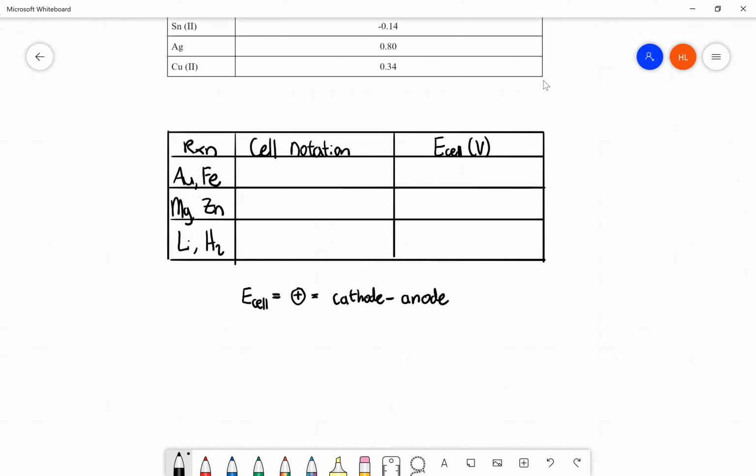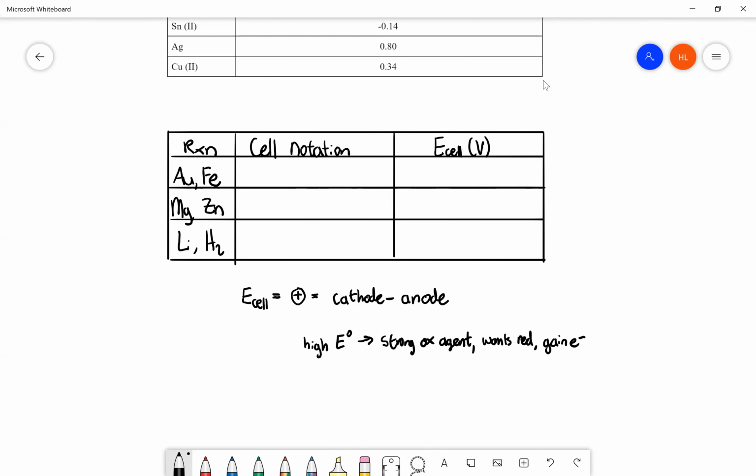A few little notes about reduction potential before we start: if we have a high standard reduction potential, so that would be a very large positive number, we know that the species is going to be a strong oxidizing agent. What this really means is that the species wants to be reduced, and taking that even further, the species wants to gain electrons.